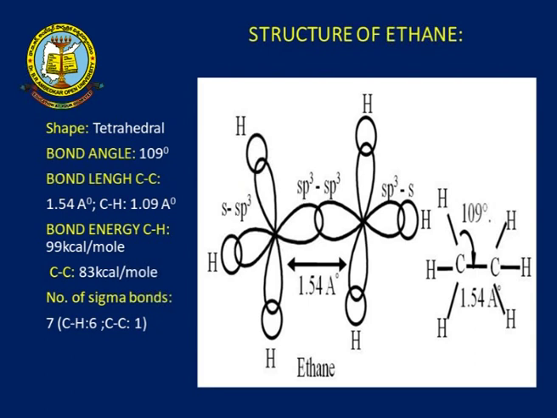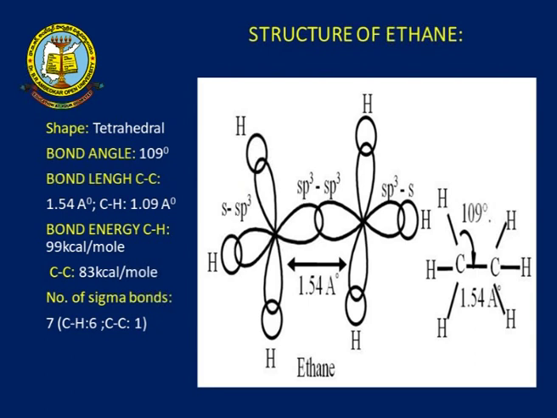This molecule is known as ethane, where the molecular formula is C2H6. So the first molecule under sp3 is methane and the second is ethane.